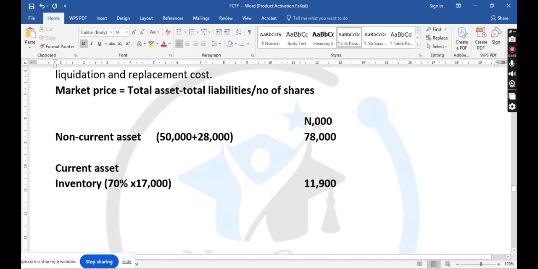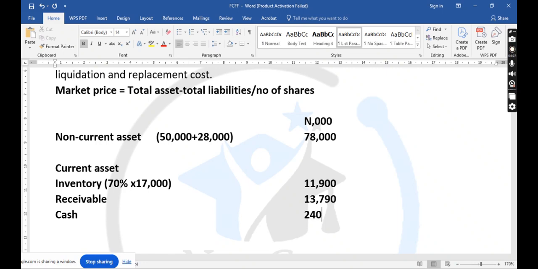After inventory, we have receivable, right? So what is the receivable? 13,790. 13,780. 90. So cash. What is the cash given to us? 240.